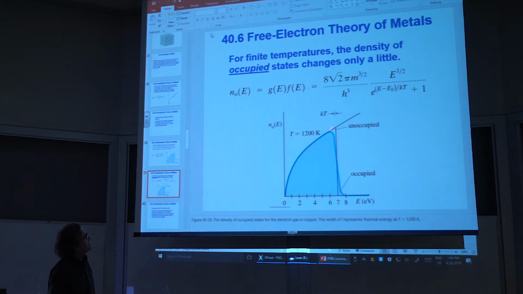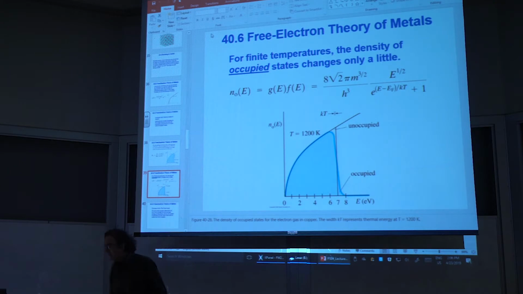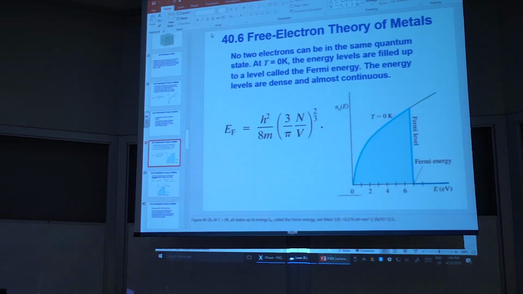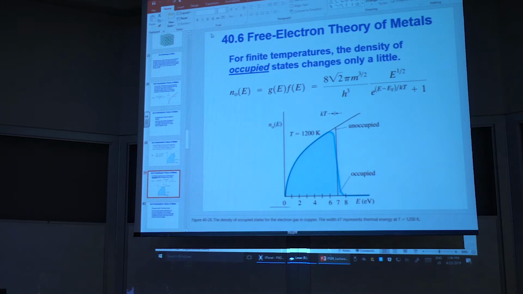So in other words, at absolute T equals 0, the population of the electrons in the different energies really doesn't look much different than it does here at T equals 1200 degrees, which is right below the boiling point of copper. But what you can see, and this is important later, is that as the temperature increases, some of the electrons at the highest energy level spill over into the energies above the Fermi energy.